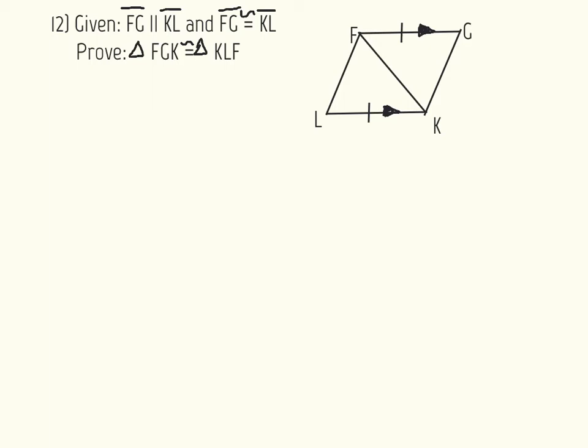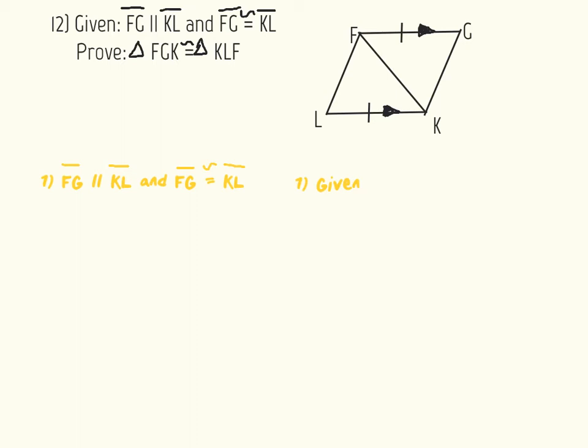Once again, I'm going to start with what I'm given. FG is parallel to KL and FG is congruent to segment KL, by given. The next thing I need to figure out is what this parallel stuff is and what the fact that the two are congruent means.